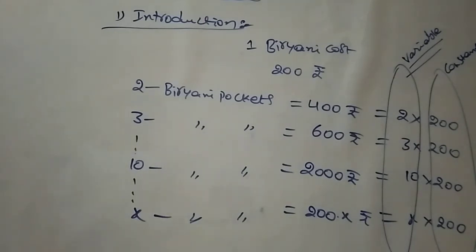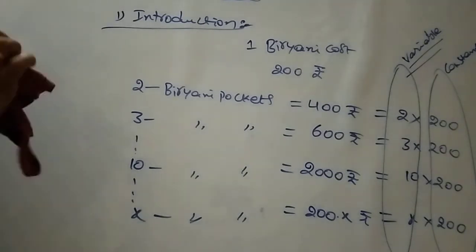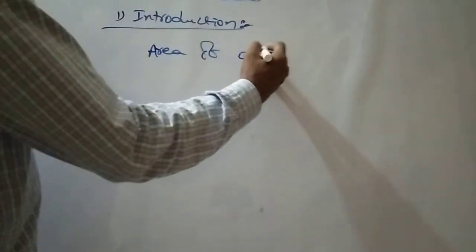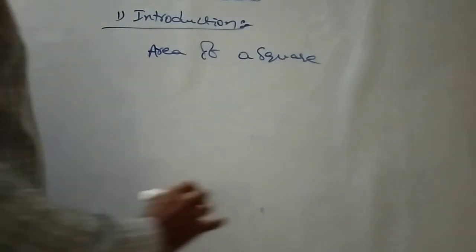Next, one more example, a mathematical example I will give. What is the area of a square with side x units?